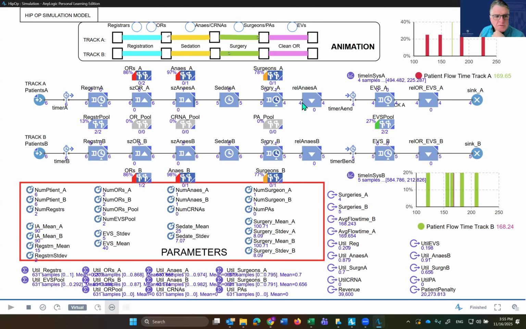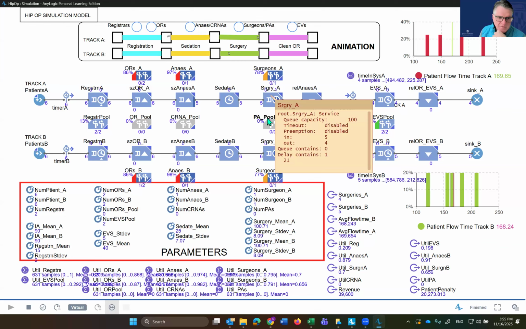So in these seizing of the resources here, for example, it first goes and has a look at the dedicated anesthesiologists for track A, and then the CRNA pool. Same for B, and similarly for surgery A, it looks first at surgeons A and then at the pool.